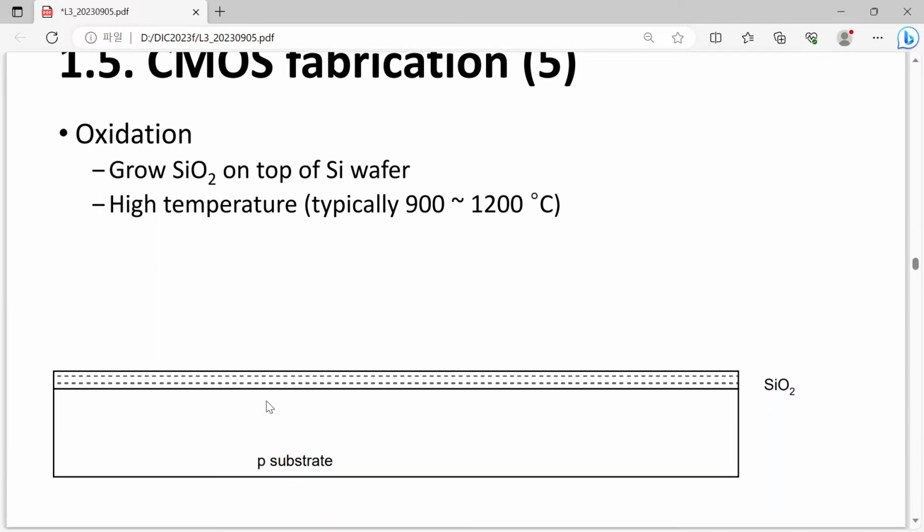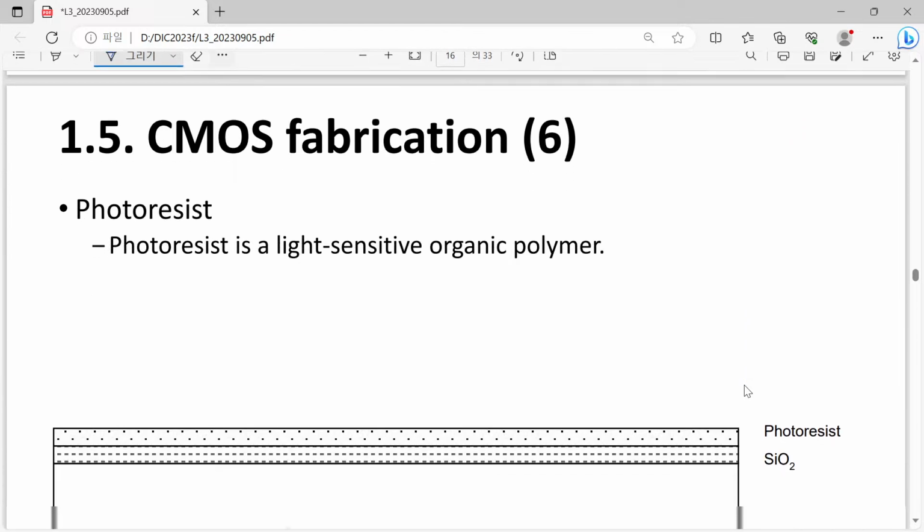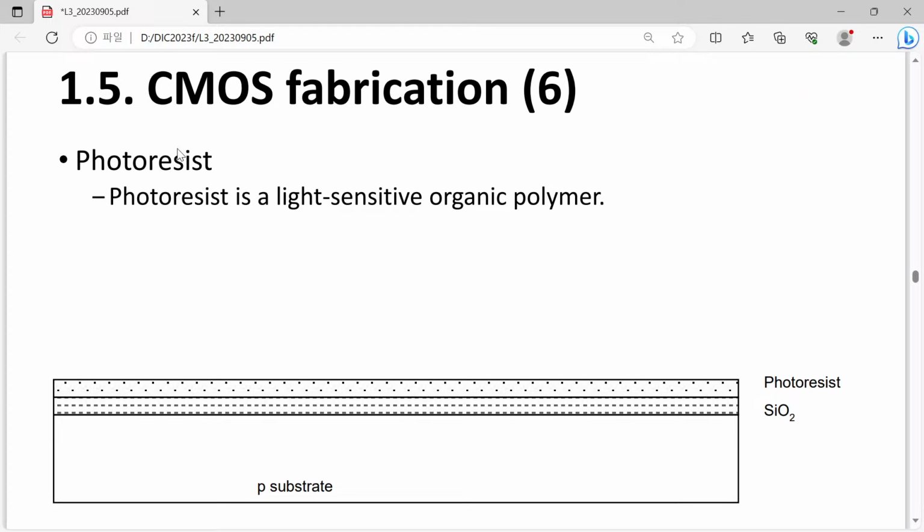So, okay, we wanted to introduce a certain oxide. So here we have oxide. Then we introduce photoresist. Photoresist is a light-sensitive organic polymer.